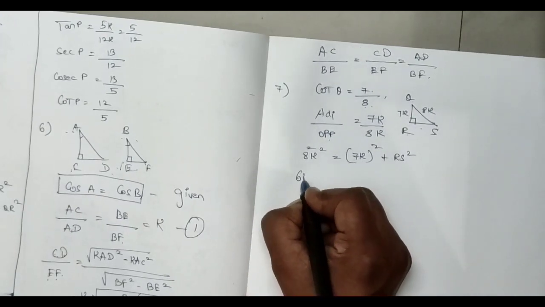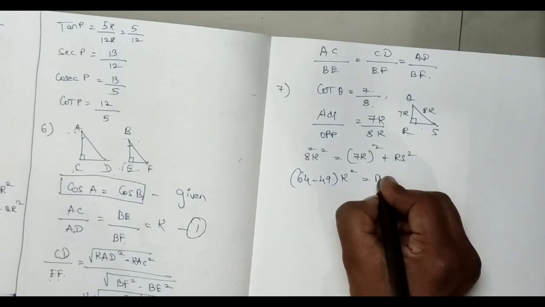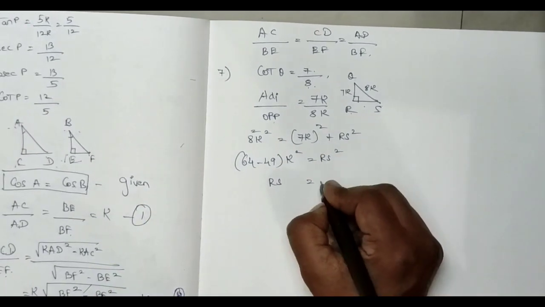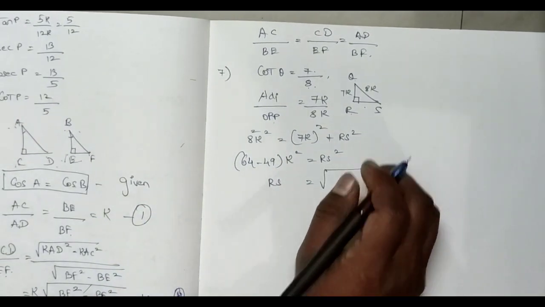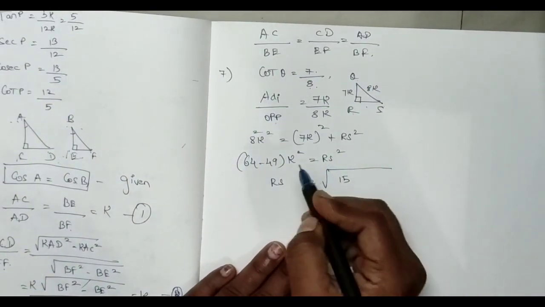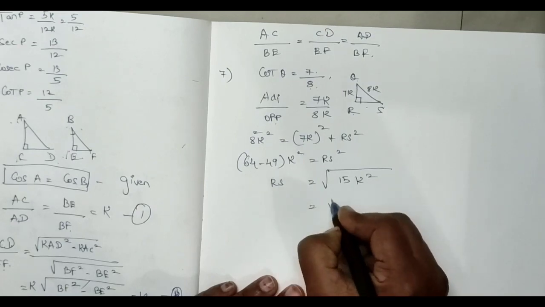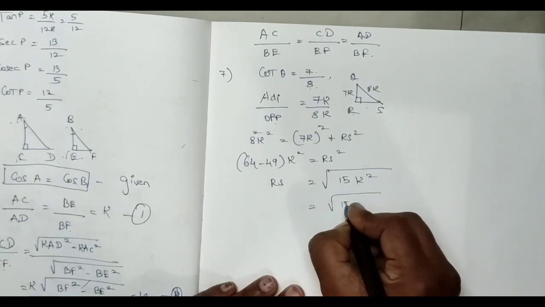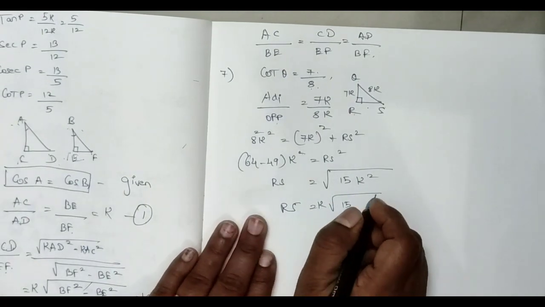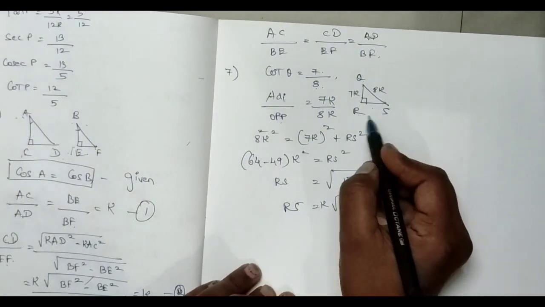So rs we can find, and when k comes out of the square and the root will get cancelled, so root 15 k. This is rs.